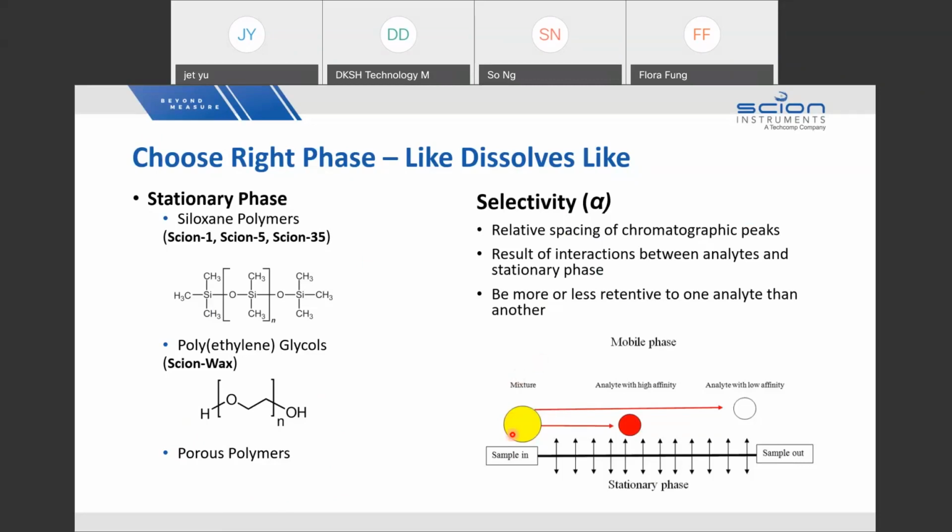For example, a sample comes in as a mixture. This is compound A, this is compound B, and this part is the stationary phase.